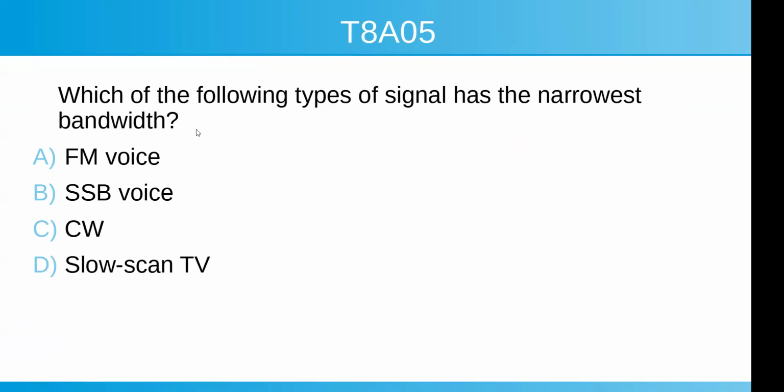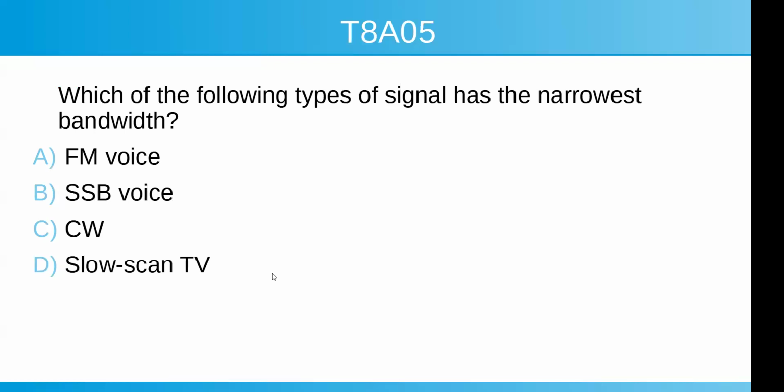Bravo? That was a guess. No, remember, single sideband is 3 kilohertz. So that would be the FM, the alpha. Well, so which has the narrowest? Remember, FM voice was 10 to 15.